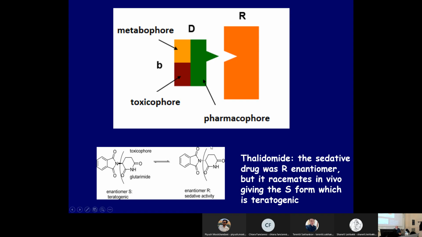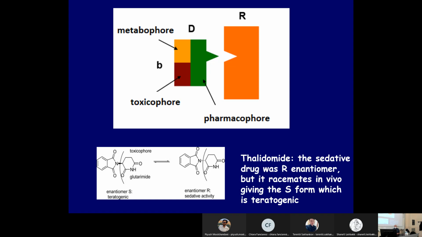And so you can see this part of the molecule on your right is considered the toxicophore, because the modification of the chiral center is responsible for the production of the teratogenic enantiomer.